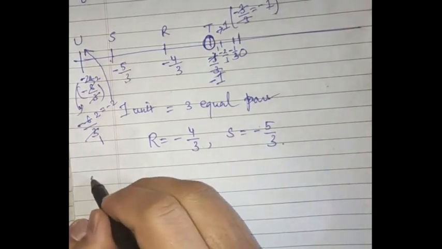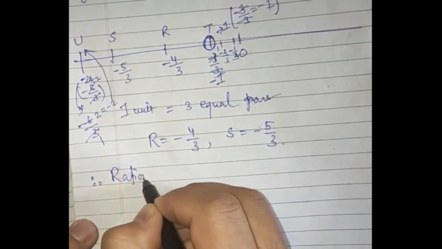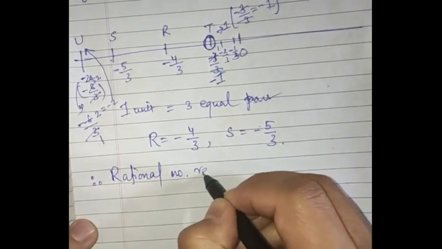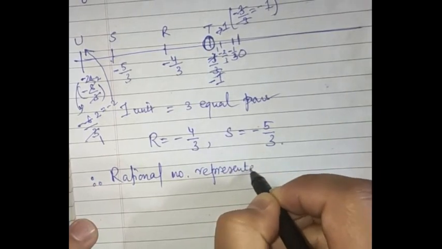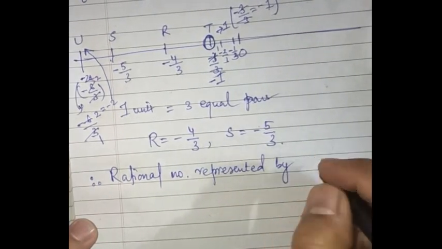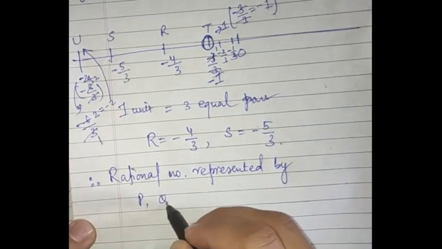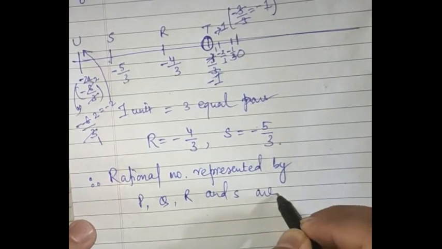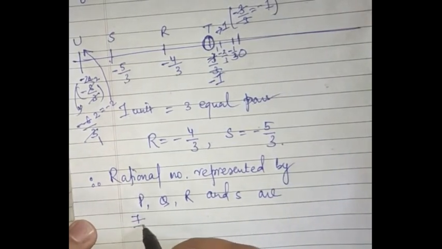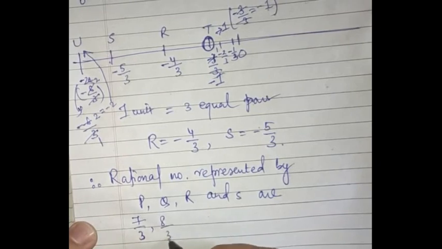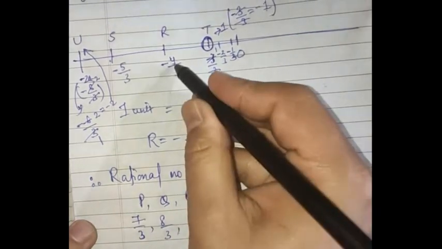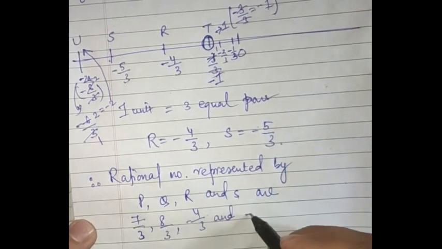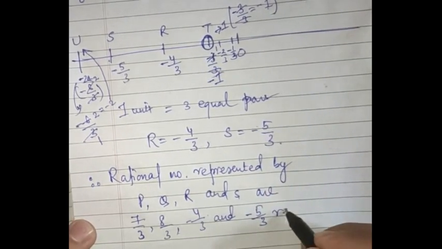So we can write, therefore, the rational numbers represented by P, Q, R and S are 7 by 3, 8 by 3, R is minus 4 by 3, and S is minus 5 by 3 respectively.